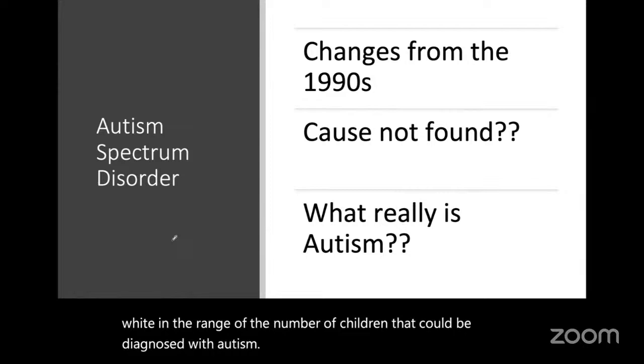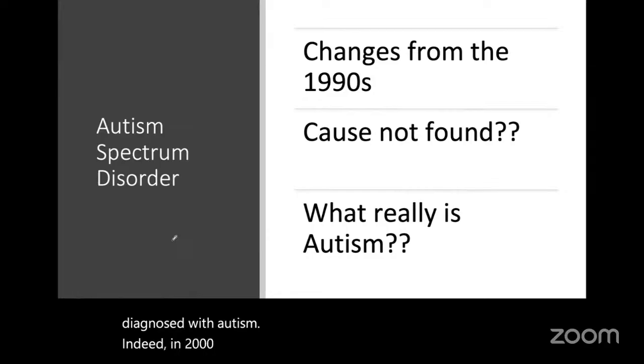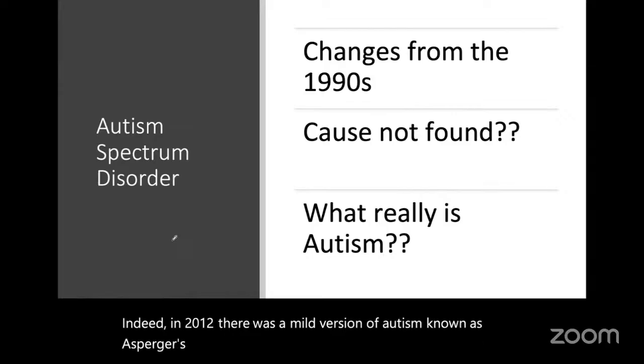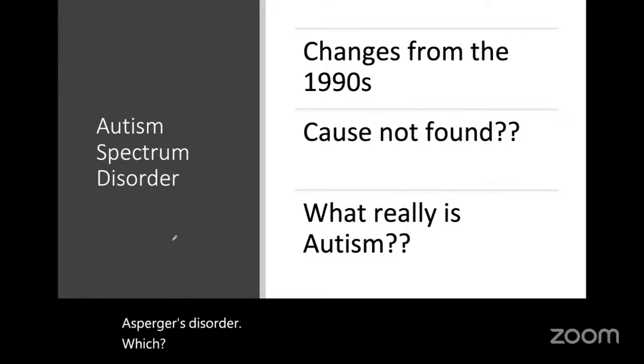Indeed, in 2012, there was a mild version of autism known as Asperger's disorder, which was eliminated from the diagnostic criteria and put into the autism spectrum disorder.